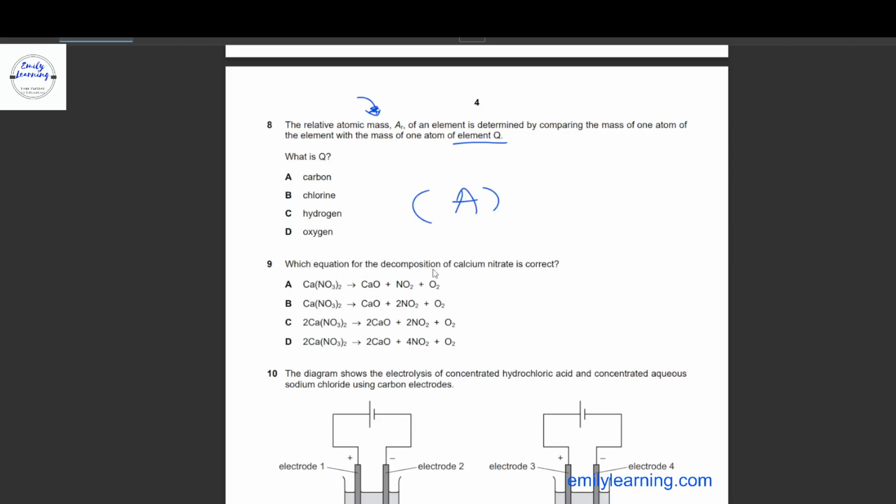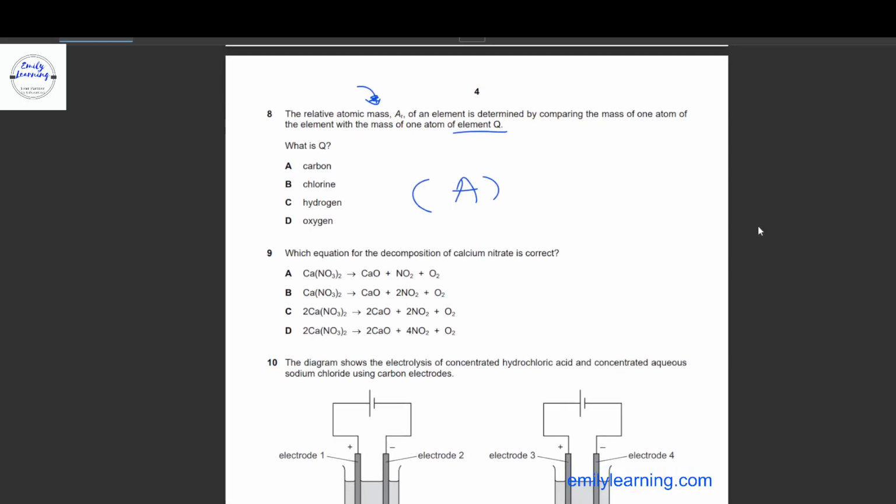Next, which equation for the decomposition of calcium nitrate is correct? Calcium nitrate will undergo decomposition to form NO2 and O2 as well as calcium oxide. So all of them give us the correct product. Basically what we need to check is the formula. Calcium nitrate is Ca(NO3)2, so this is its formula, and all of them have this correct formula.